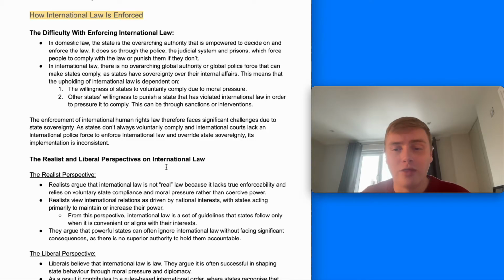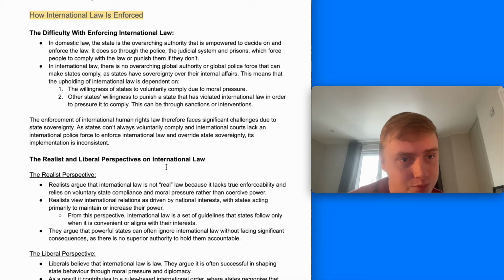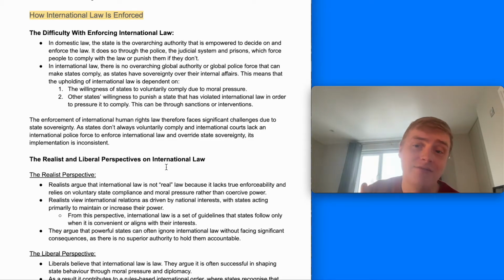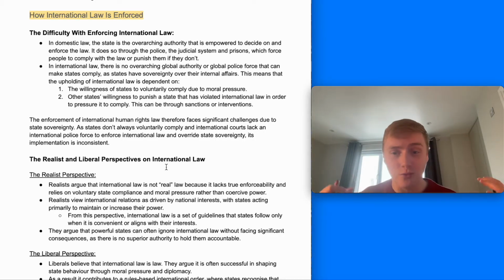Crucially, in international law, there isn't an overarching police force that constrains all states and actors within the international system. So ultimately, it's much more difficult for states to be forced to comply, as states have sovereignty over their own internal affairs. There isn't a police force that can really force a state to do something.